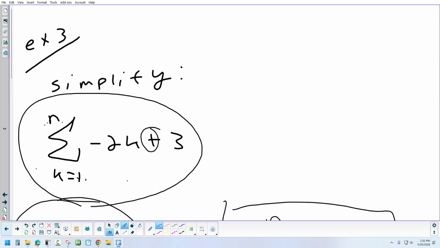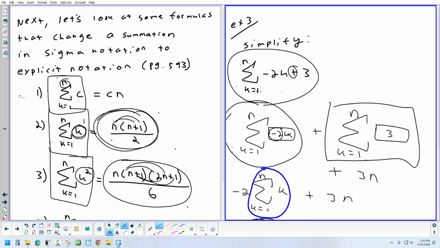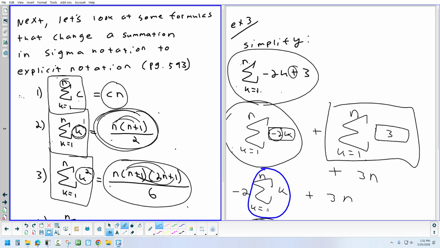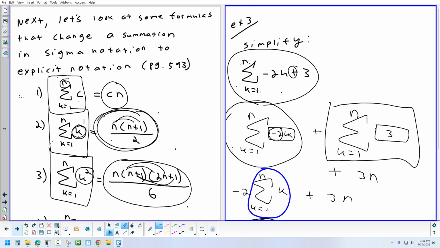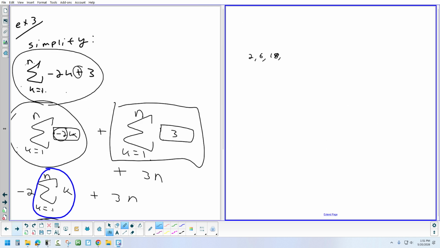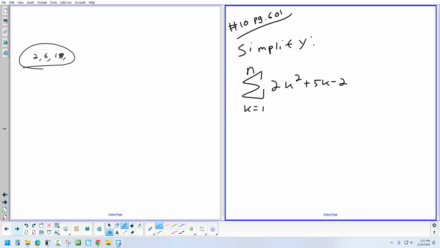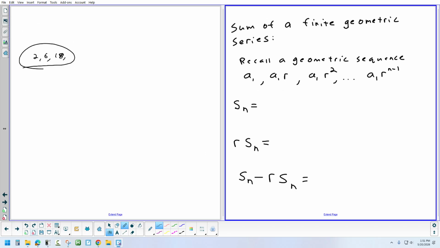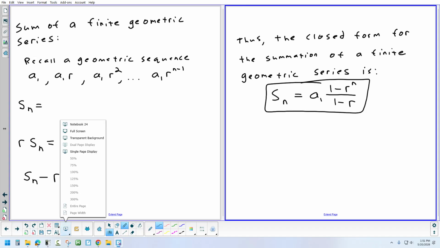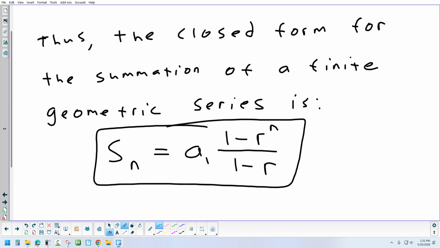Now, these formulas that I just gave you right here, none of them are geometric. So what if I want to add up numbers that fit this kind of pattern really quick? Well, there's a formula to do that too. I'm not going to derive that one. And that is the formula.